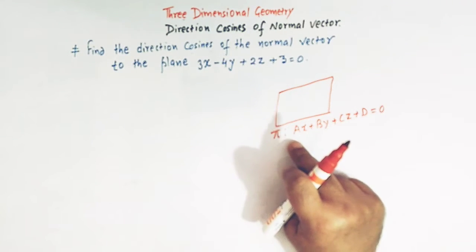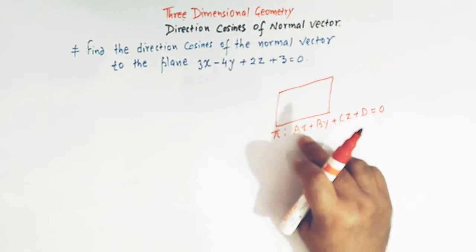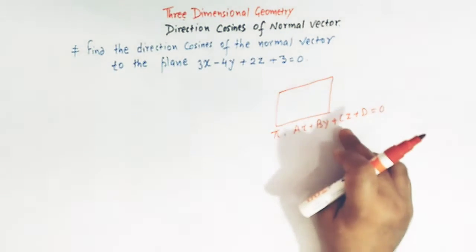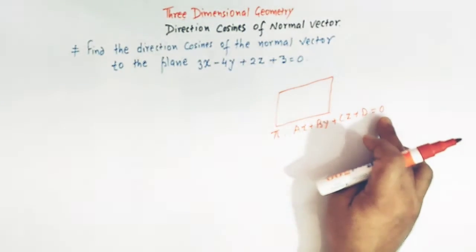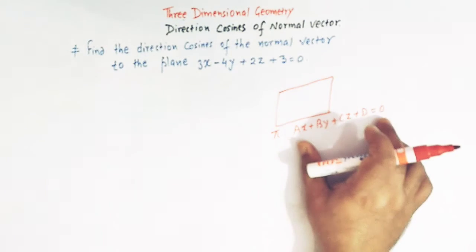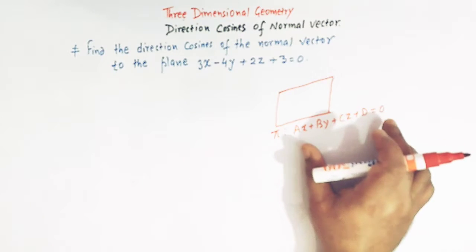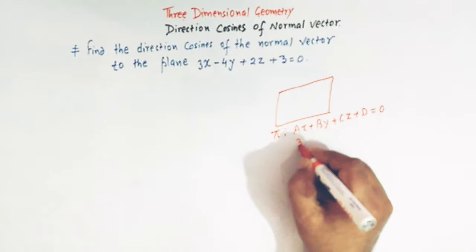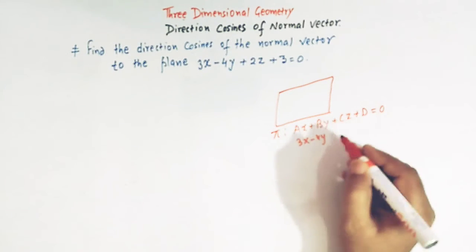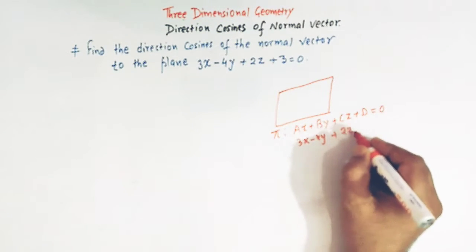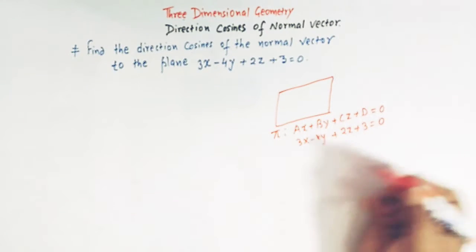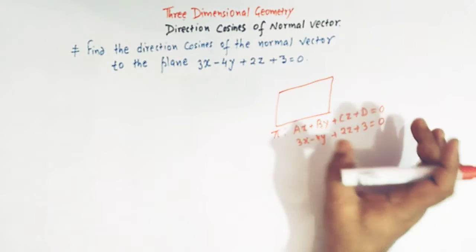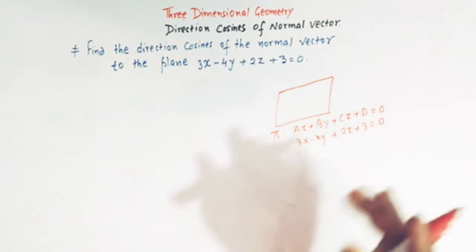An equation of this type, that is of first degree, in the form ax plus by plus cz plus d is equal to 0, always represents a plane. So here we are given the equation of a plane as 3x minus 4y plus 2z plus 3 is equal to 0. This equation is of this form, so it represents a plane.